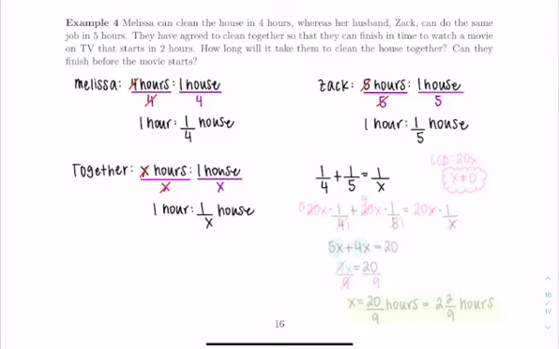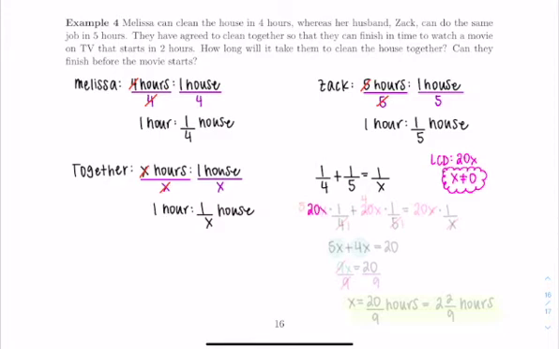Now that we've set up the equation, we're going to solve this as we have been in the previous problems. So the first thing we need to do is find the LCD, which is going to be 20x. And the only value of x I could not have is 0, which I highly doubt that we're going to get x equals 0 as a solution.